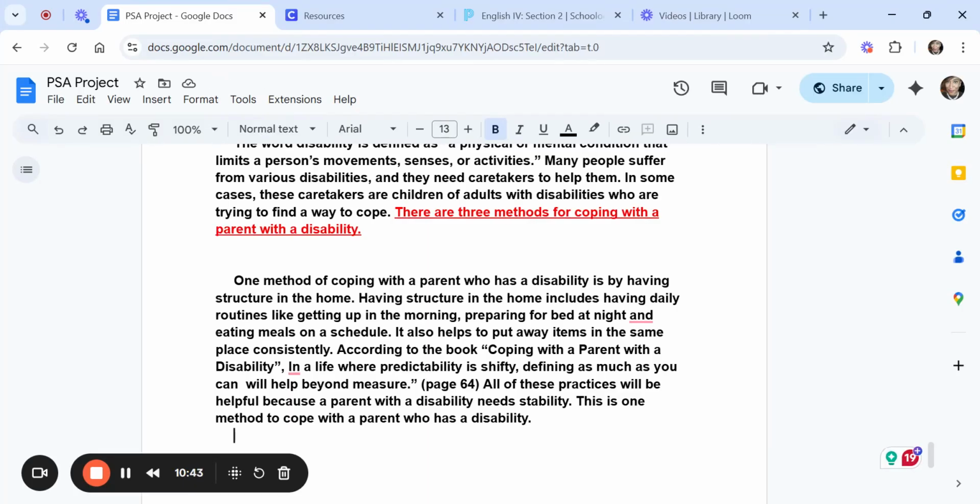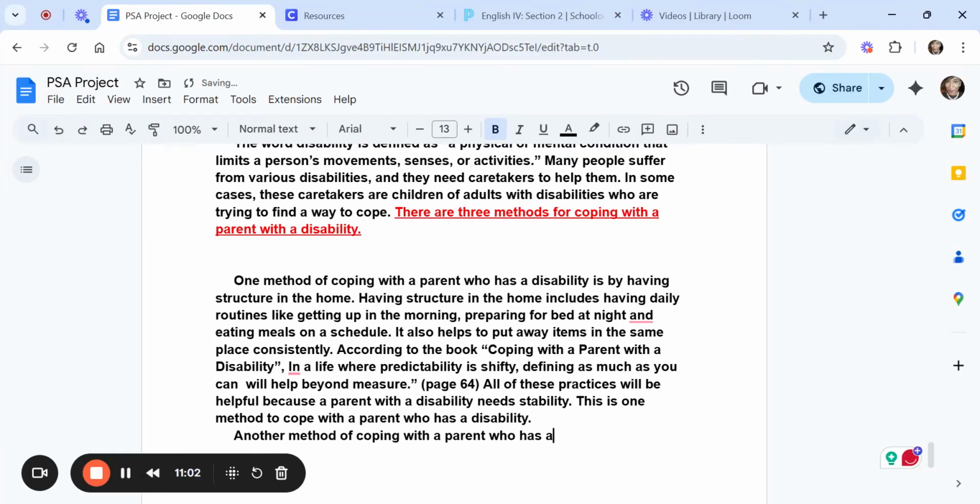But for the next body paragraph, I could simply start by another method of coping with a parent who has a disability.